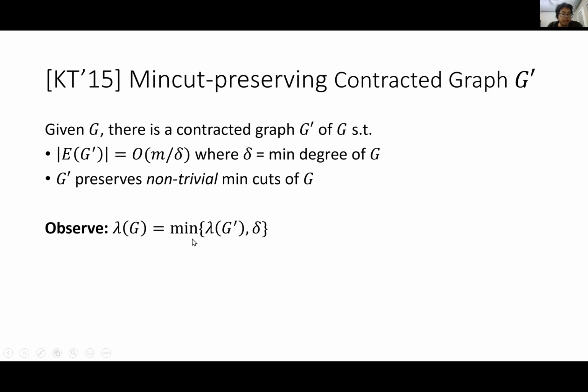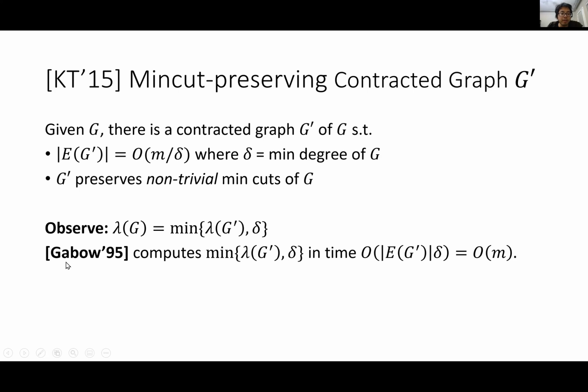So now once we have this, an algorithm by Gabow fits perfectly into this, because given any graph G prime, might not be this graph G prime, but any graph G prime with an upper bound, this algorithm can compute the minimum between the edge connectivity of that graph G prime and the upper bound in time the number of edges of G prime times the upper bound.